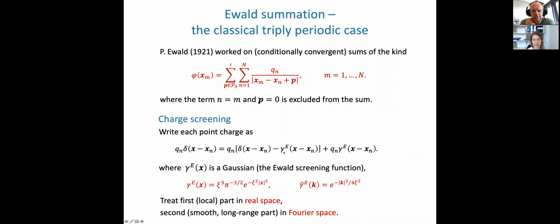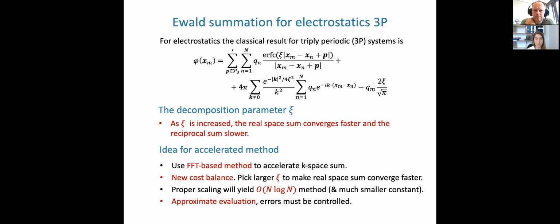The idea is that this gamma E should be chosen such that the first part, when you look at the result you get, will be short-ranged, so it will be local, and you can treat it in real space. And the second part, the solution from that, will give you something smooth that can be treated in Fourier space.